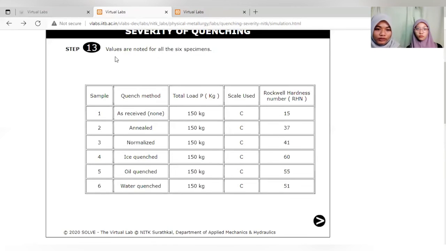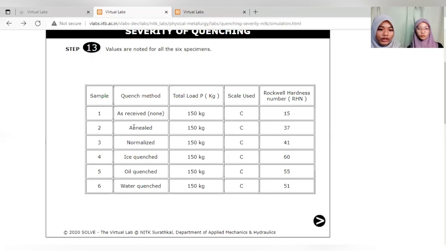For step 13, values are noted for all 6 specimens. For sample 1, the quench method is none because it is the control sample. The total load is 150 kilograms, and the scale used is C. Rockwell hardness number is 15. For samples 2 to 6, the total load is the same, but the quench method is different.